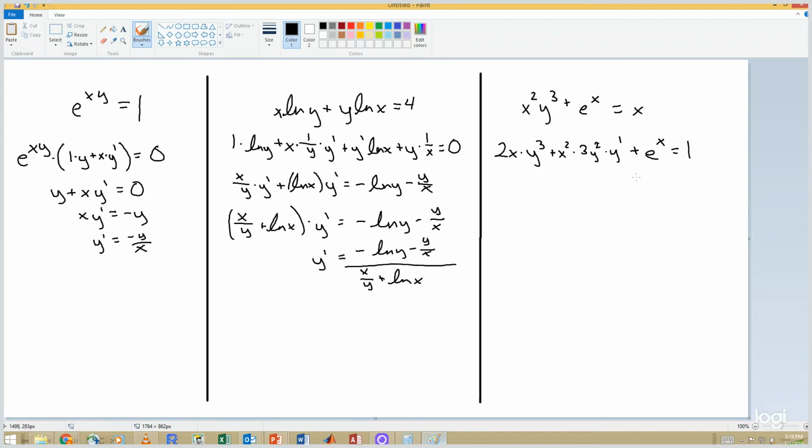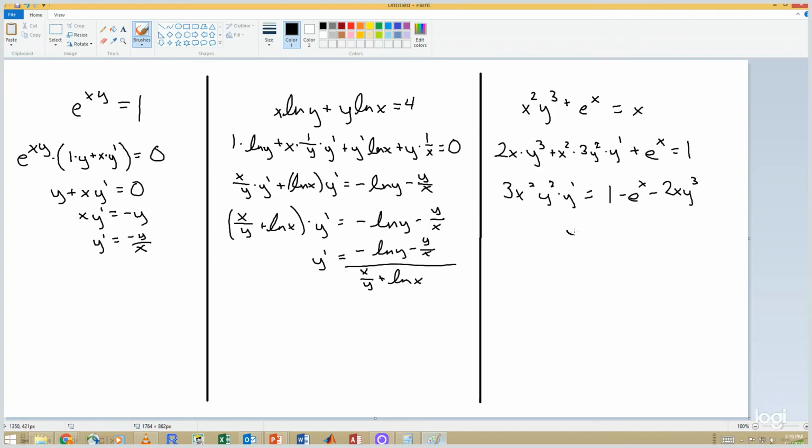All right, we need to get all of the y prime terms. Looks like there's only one on one side. So 3x squared y squared times y prime equals 1 minus e to the x minus 2xy cubed.